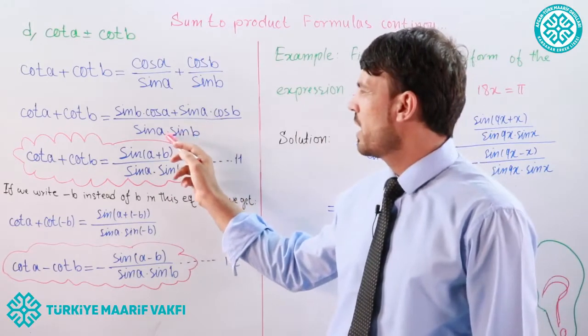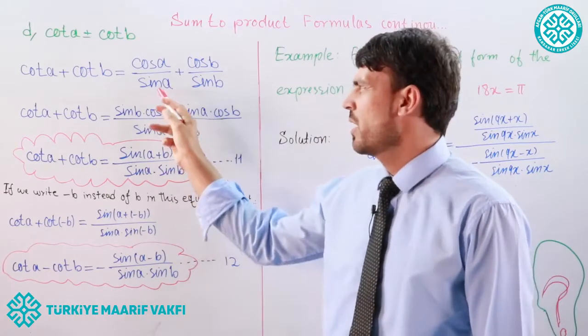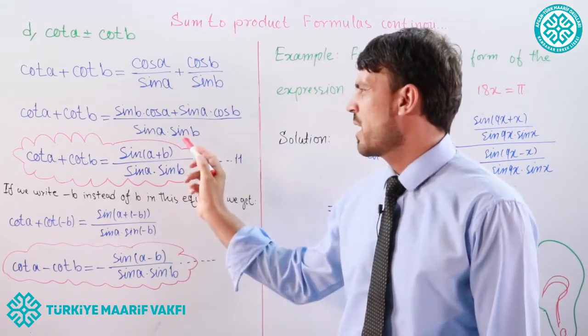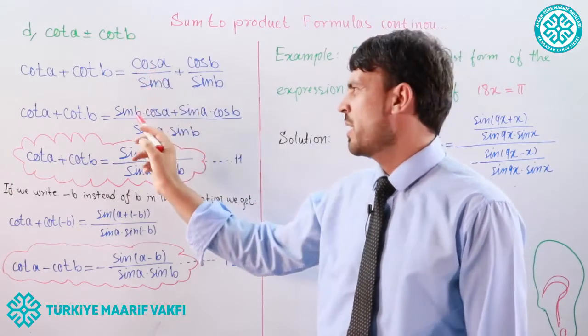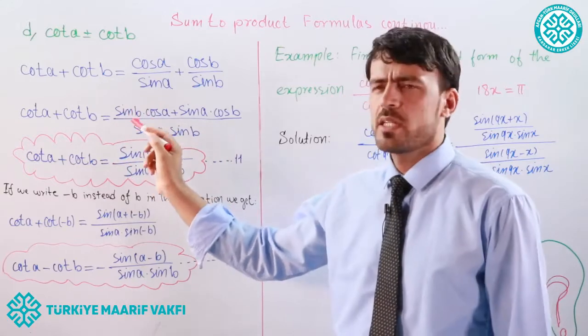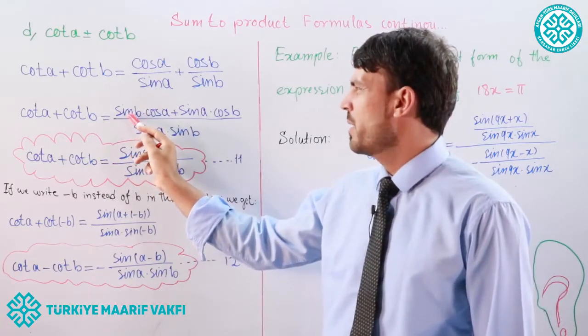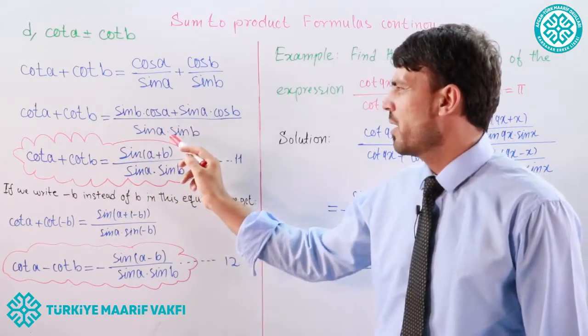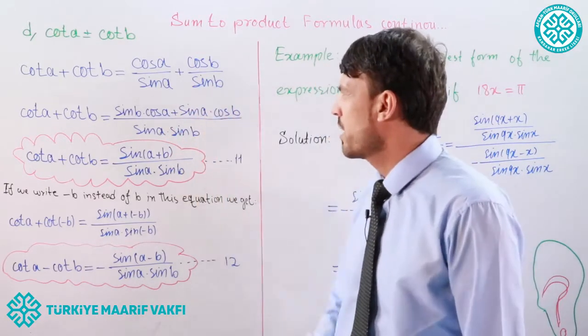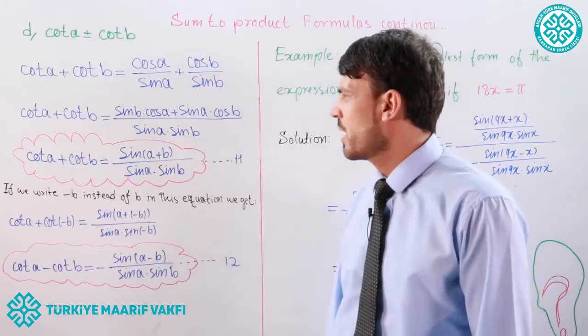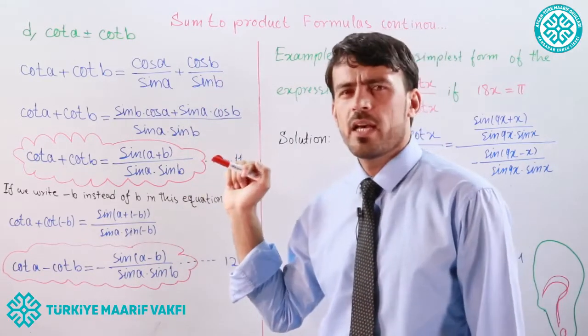So if we divide this common denominator by sine A, sine B will remain, and sine B will be multiplied to a numerator, and in the numerator the first term will be sine B cosine A. If we divide this common denominator by sine B, sine B will be removed, and sine A will remain.